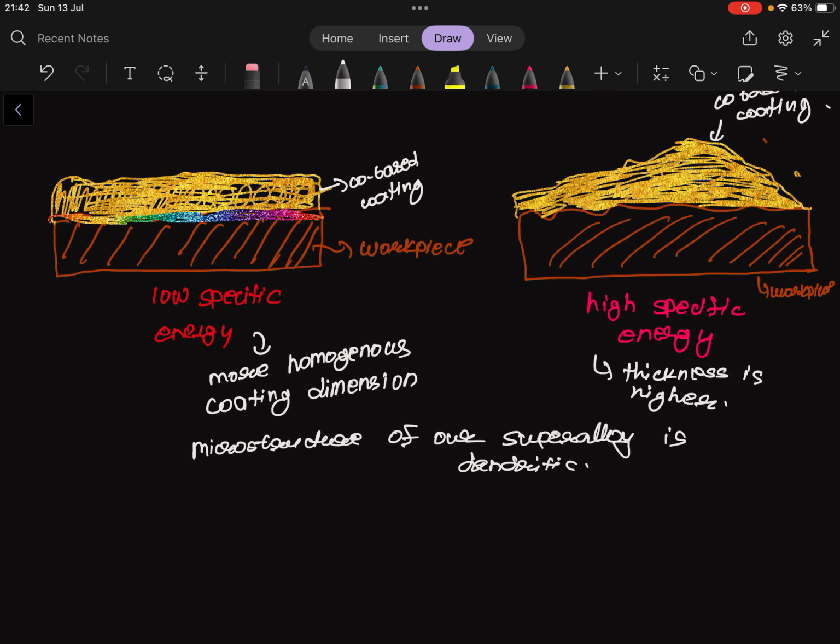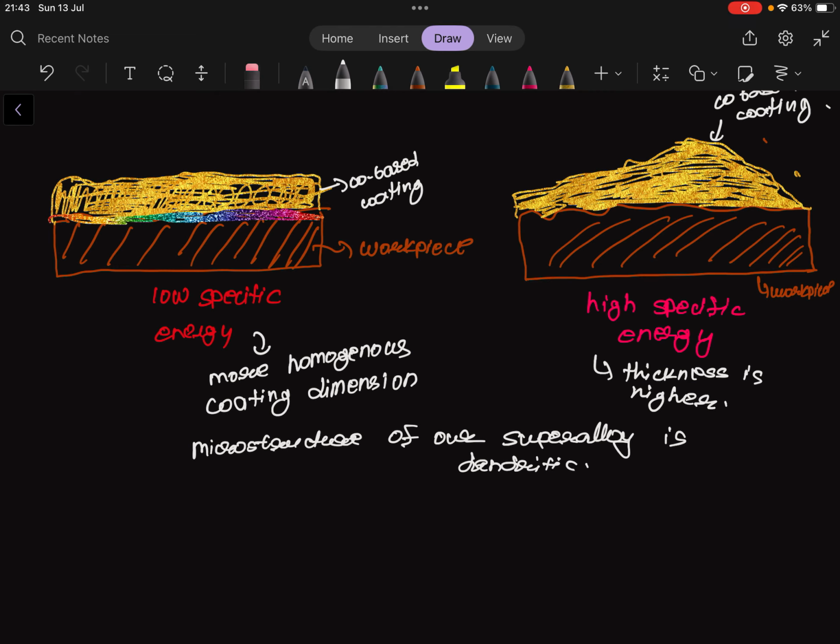And we have a bright area which is a single phase, and that represents exactly the interface position between the stellite cobalt superalloy and our martensitic steel. The composition of the bright layer is the same for both low and high specific energy cladding, and the composition of the thin layer is the same as the composition of the powder material of the cobalt superalloy, but it is enriched in iron.